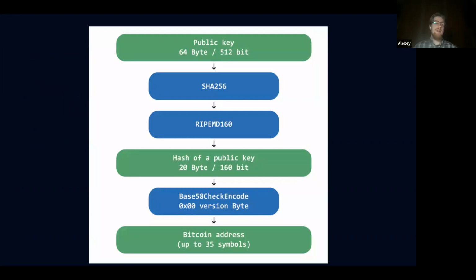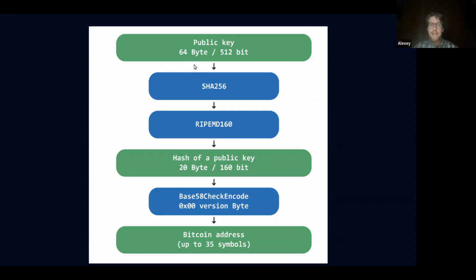Now let's look at this process in a more graphical way. A public key can be either 64 bytes, or 33 bytes for compressed public keys.